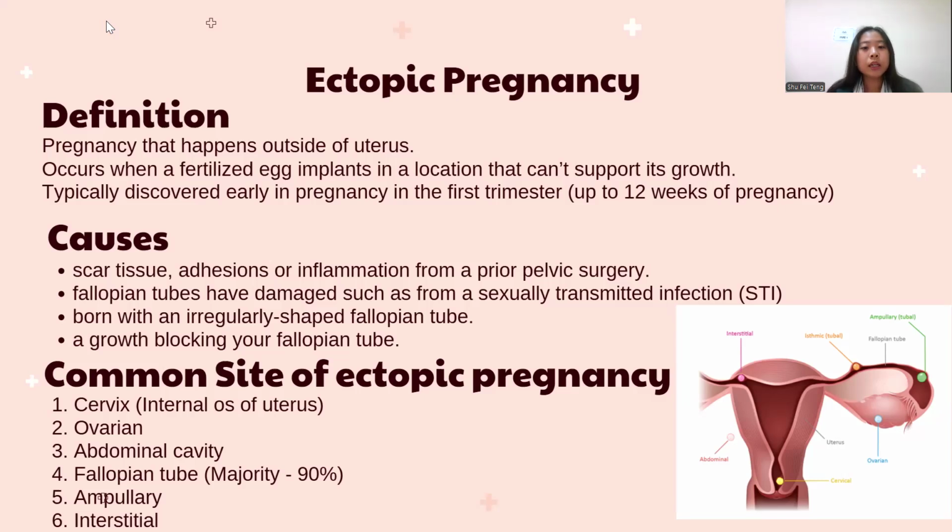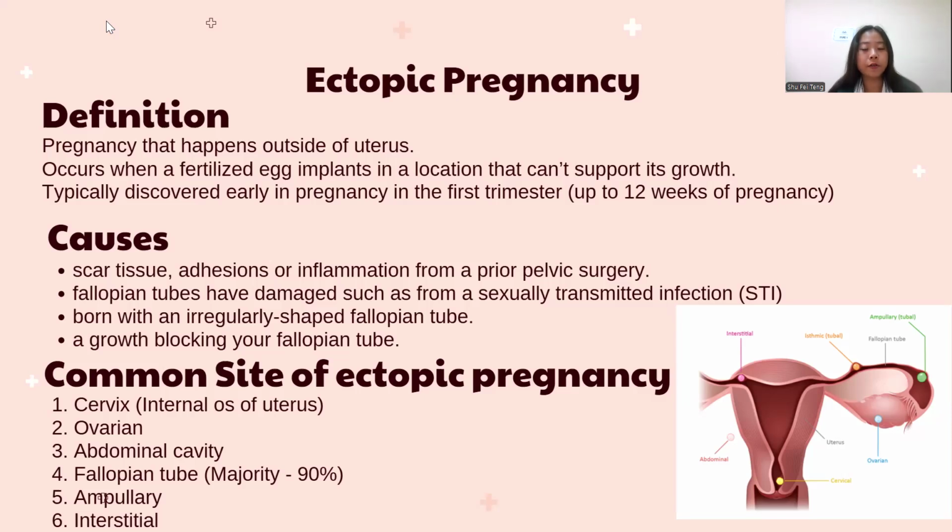So what causes ectopic pregnancy to happen? The factors include scar tissue adhesions or inflammation from prior pelvic surgery, fallopian tube damage such as from a sexually transmitted infection, being born with an irregularly shaped fallopian tube, and a growth blocking your fallopian tube.